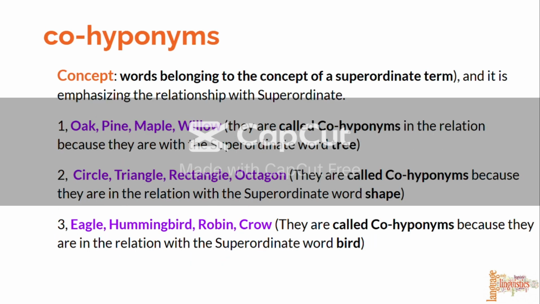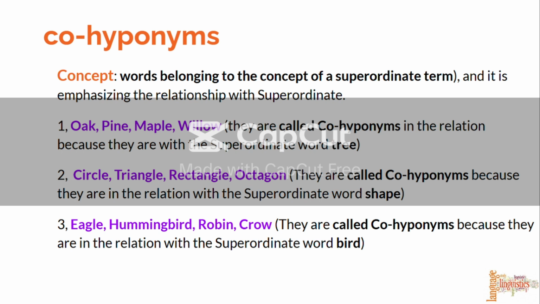So here is the co-hyponyms. The concept of co-hyponyms is referring to the words that are belonging to the concept of a superordinate term, and it is emphasizing the relationship with the superordinate.